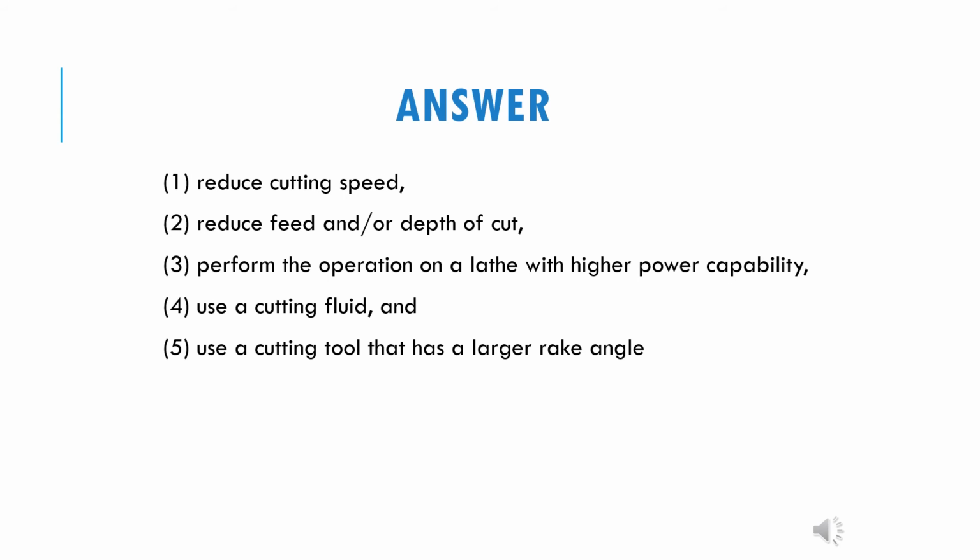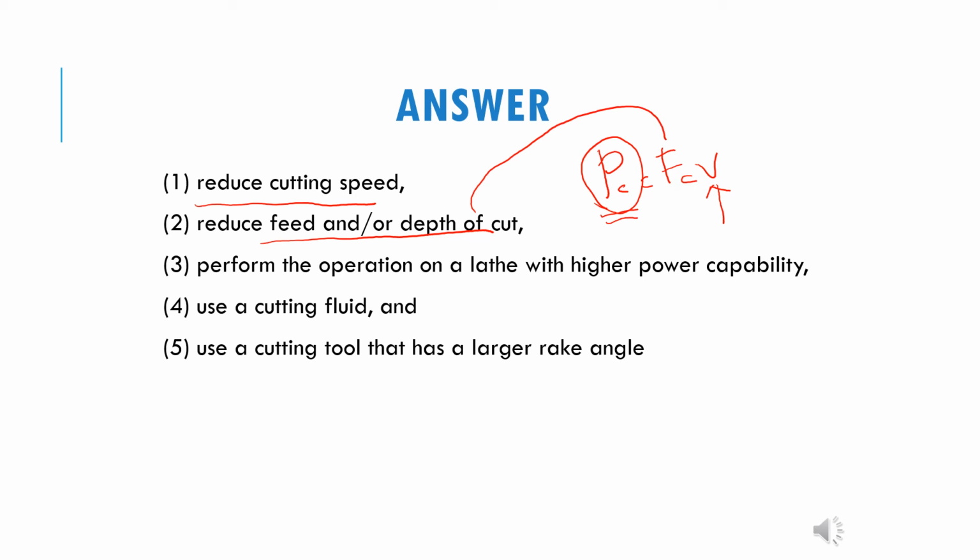As I said previously, P cutting equals F C V. What are the things that relate to the power in terms of cutting? It is the V, the cutting speed. So in order to reduce the PC used, you can reduce the cutting speed, and also feed rate, and also depth of cut, because these give rise to the force.